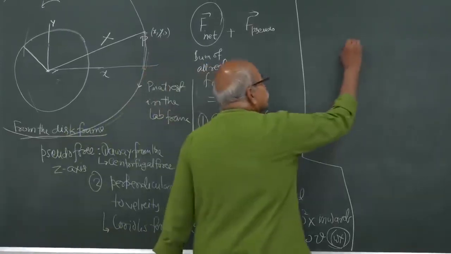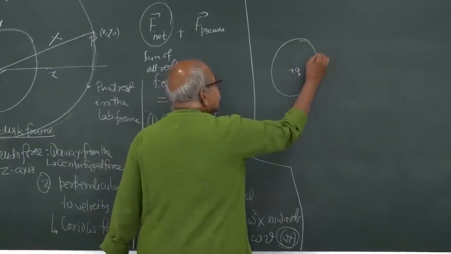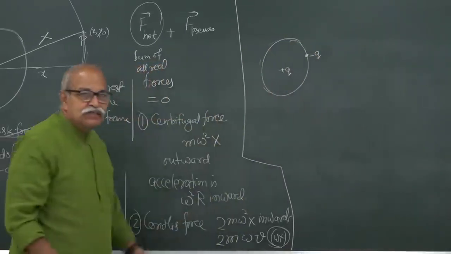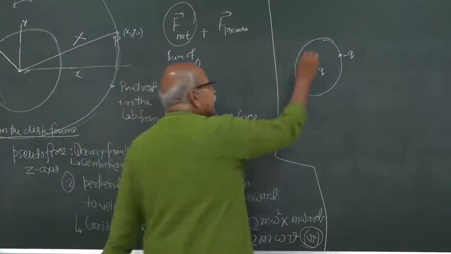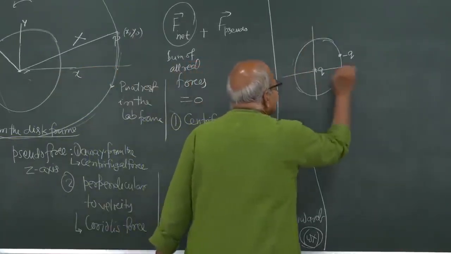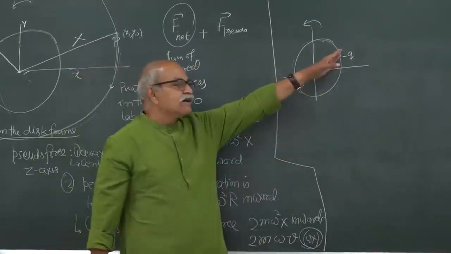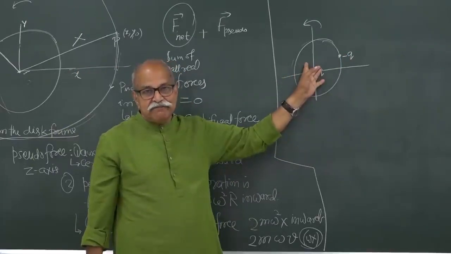If you consider Bohr's model, you have a plus q charge here and minus q charge here going in a circle with some uniform speed. So, if I put up a frame which is rotating at that same angular velocity, this charge is not moving in that rotating frame.